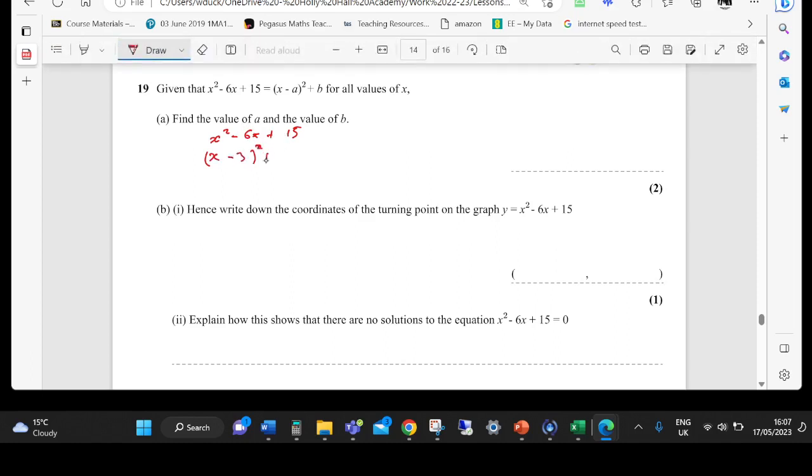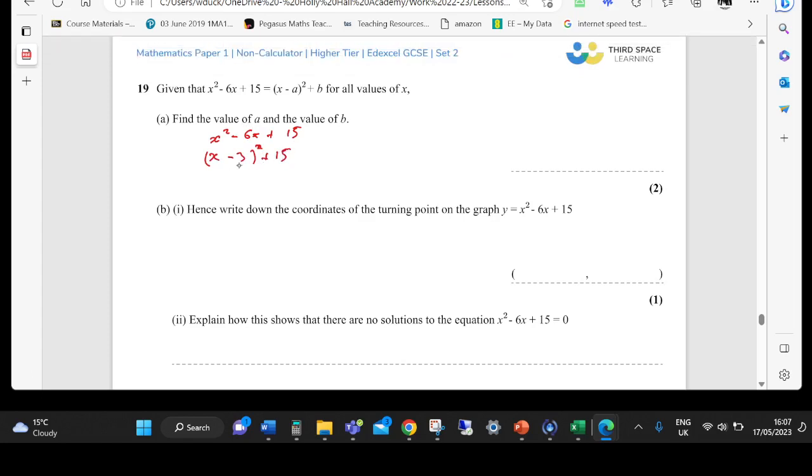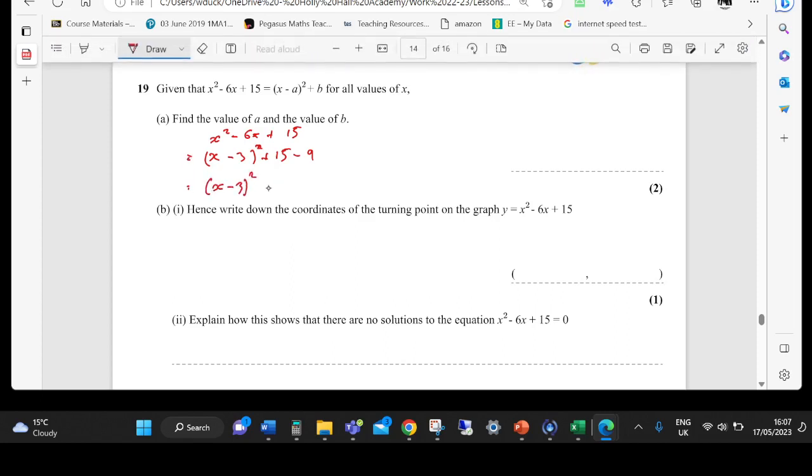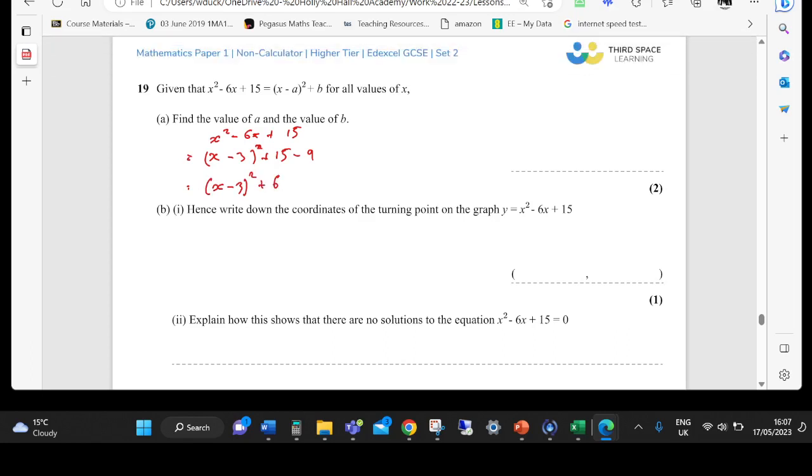And then if I bring this 15 down, if I square this bracket out, I would get x squared minus 6x plus 9. So I need to minus 9 from it to keep the size the same. So tidying that up, then I would get x minus 3 all squared plus 6.